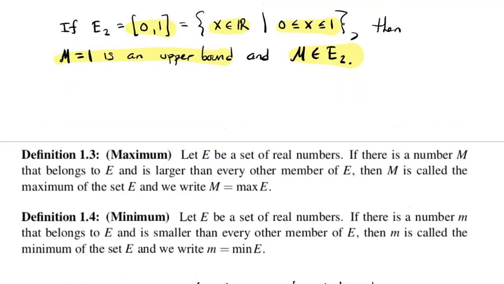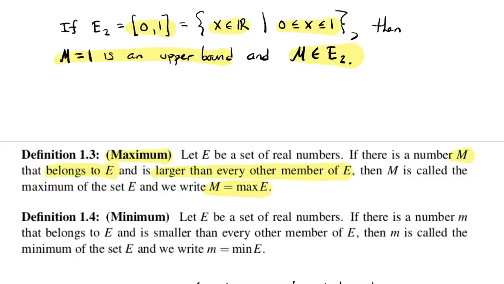I'm going to call a real number m a maximum for a set E if it's an upper bound that belongs to the set E. So there's a number m that belongs to E, and it's greater than or equal to every other member of E. The author's writing larger here for every other, but m is greater than or equal to every x in E, and it belongs to E. And it's called a maximum. If E has a maximum, we'll write max E.